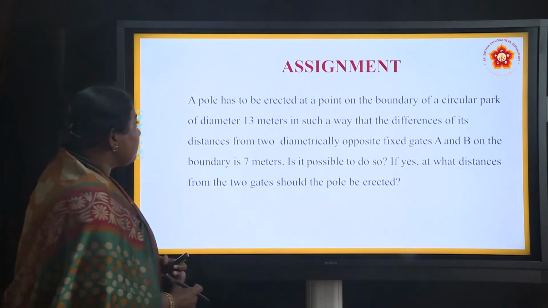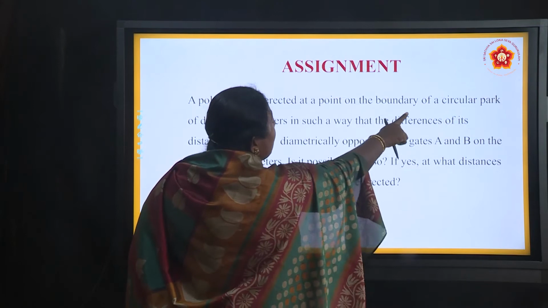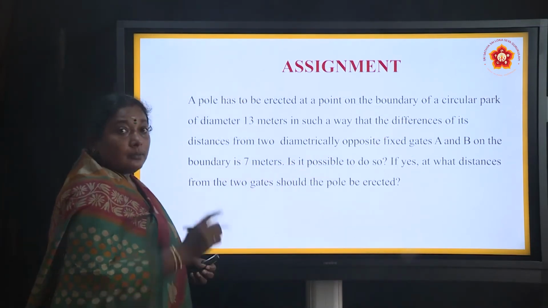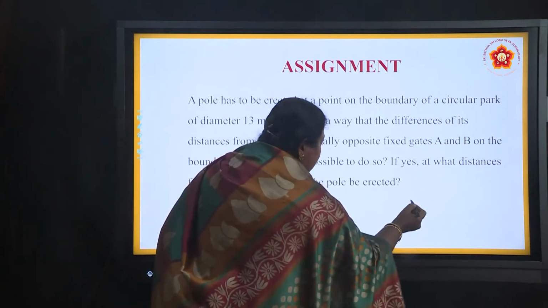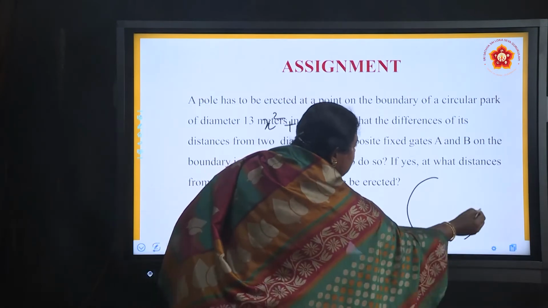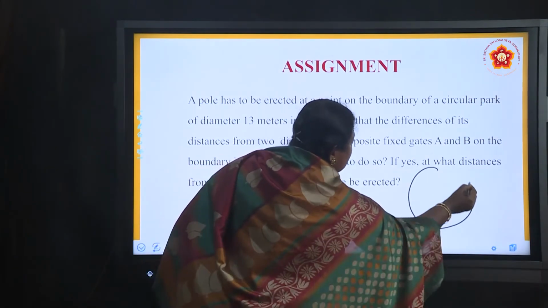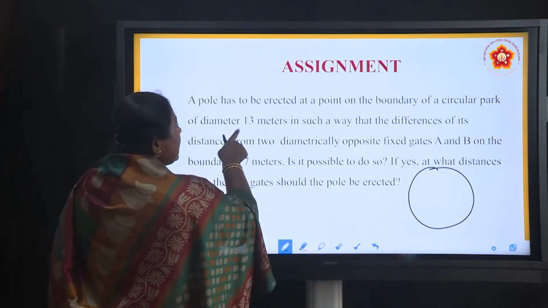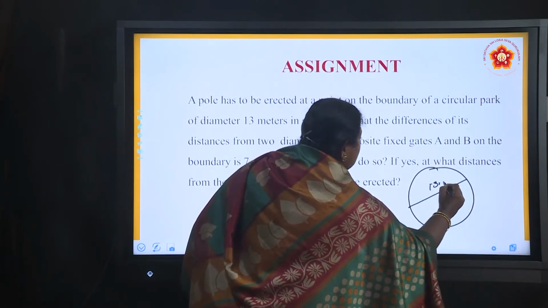Let us see. A pole has to be erected at a point on the boundary of a circular park. In the first line they have given a clue that the park is circular. The next one, its diameter is 13 meters.